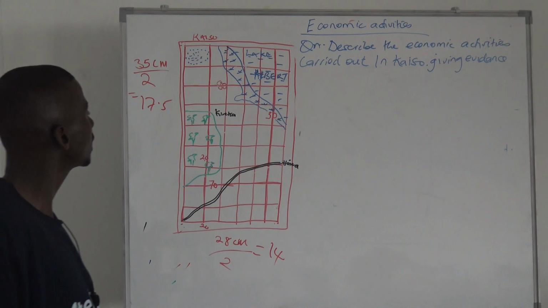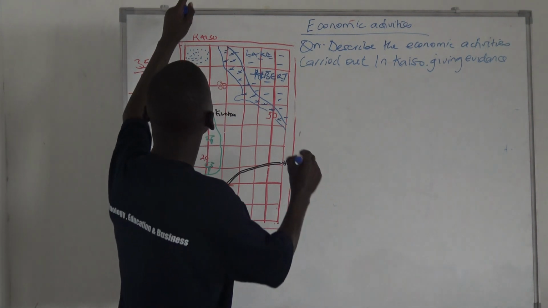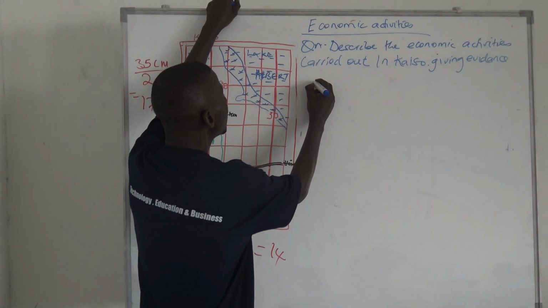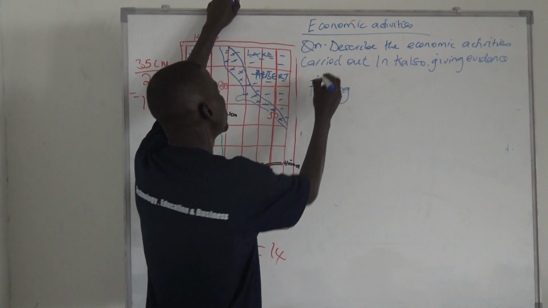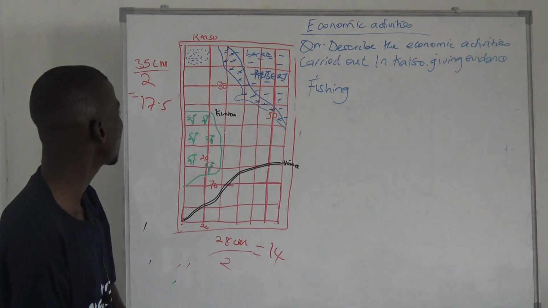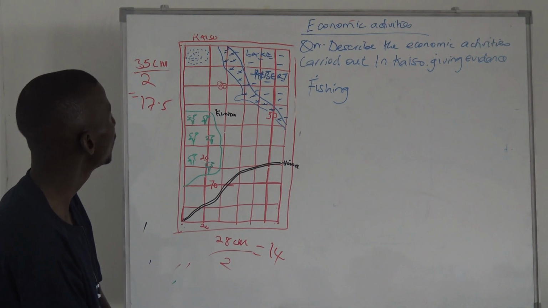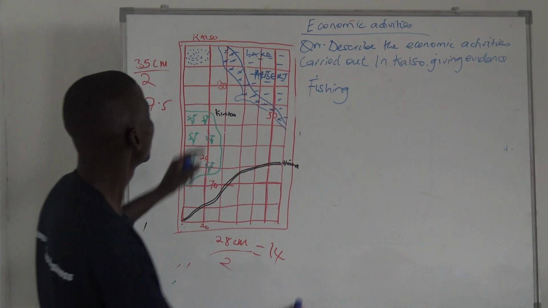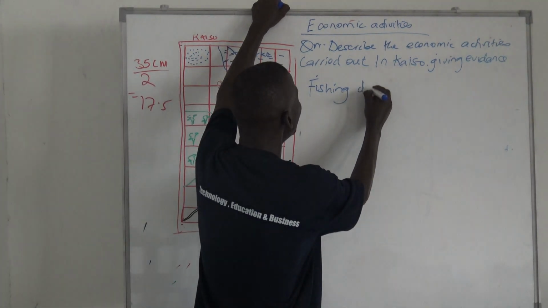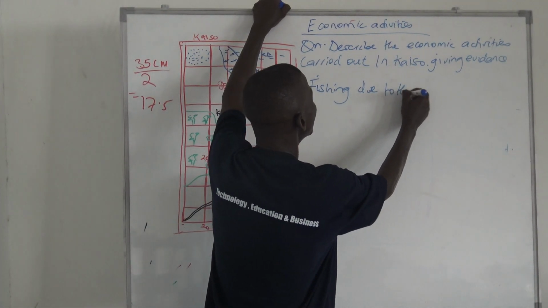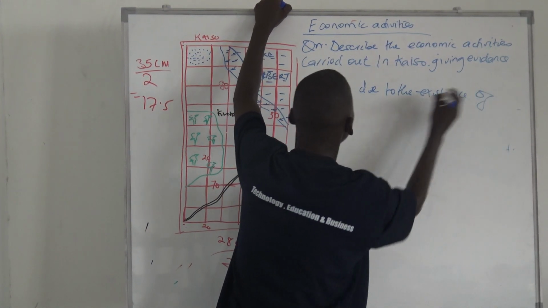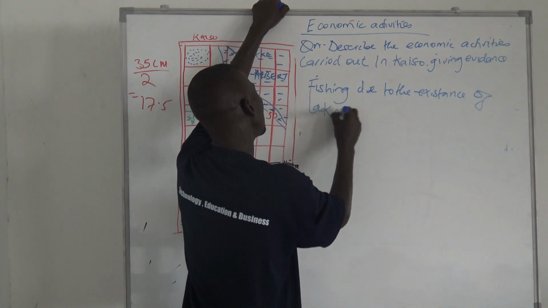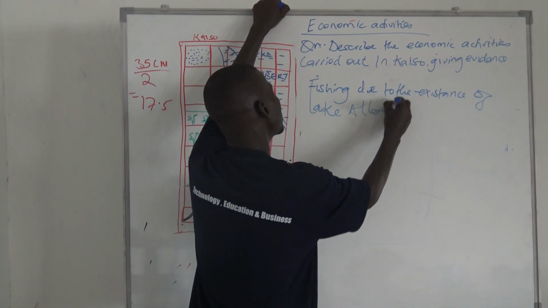The first economic activity I can tell is, of course, fishing. There is fishing in KAISO map extract. So what shows that there is fishing? Due to the existence of Lake Albert.